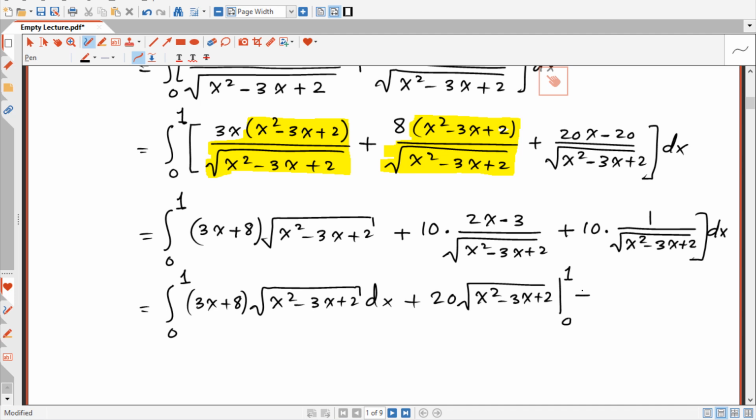And then the last term, which is 10, the integration from 0 to 1, dx over the square root of x squared minus 3x plus 2.